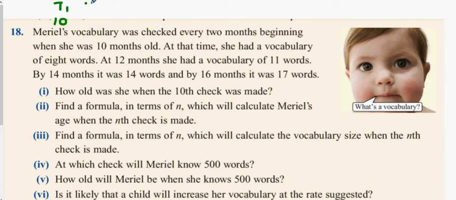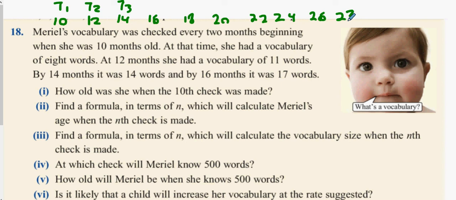Check 2, 12 months. Check 3, 14. We're just going to count up, aren't we? 16, 18, 20, 22, 24, 26, 28. So that's T4, T5, T6, T7, T8, T9, T10. So her 10th check was 28 months.